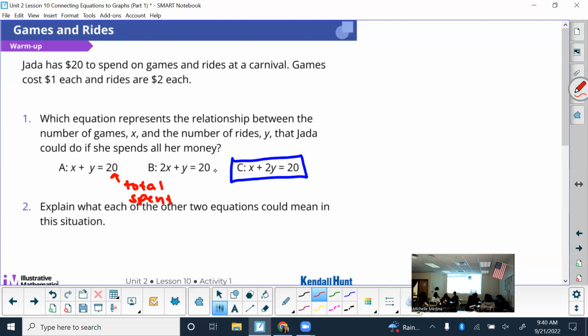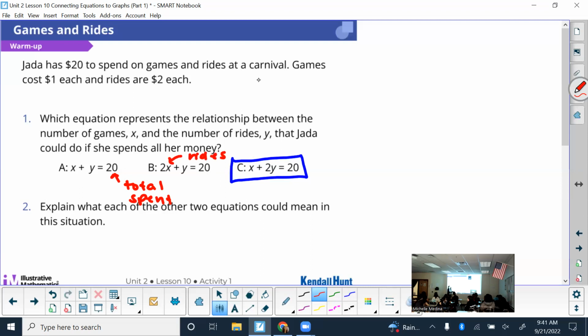Anthony, what would you say that A suggests about the situation? So you thought which part of this is how much you spent on the ride? The 2x.